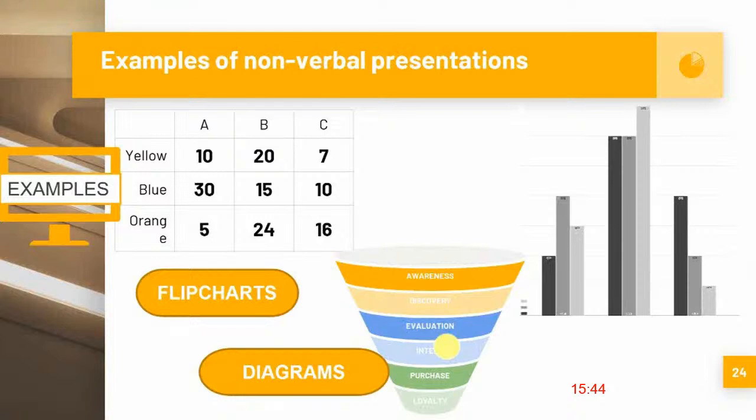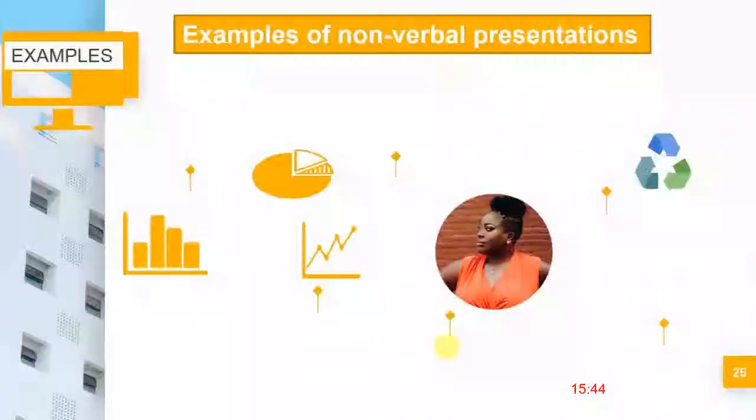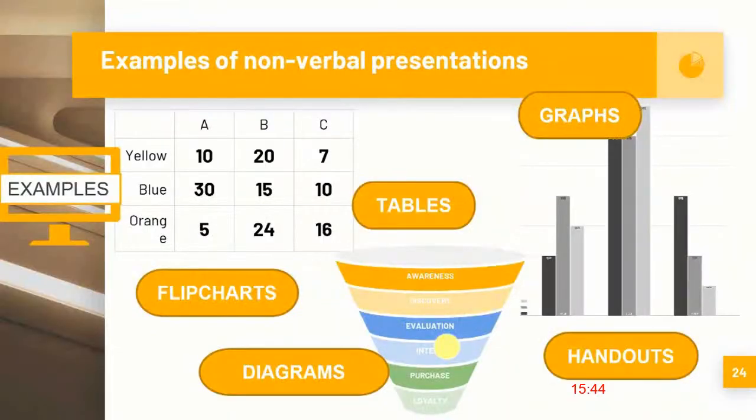We have many folds, and those folds. We have graphs, handouts, flip charts and we have diagrams. Okay, so here, this is our table. Our graphs you are familiar with.